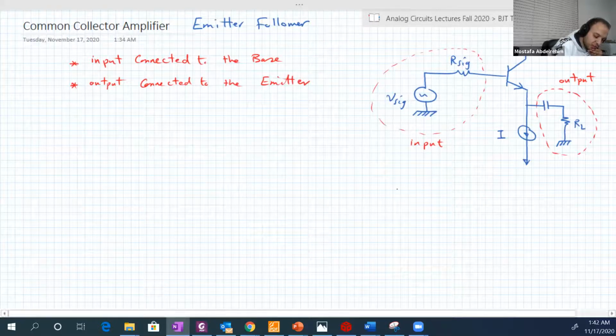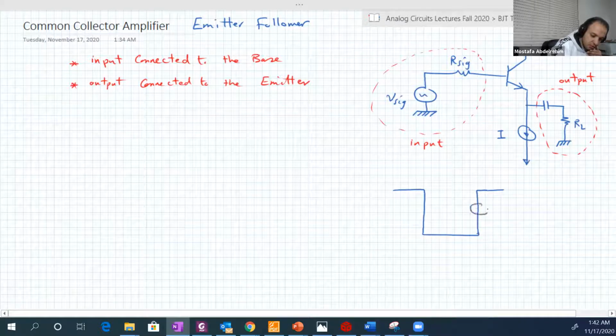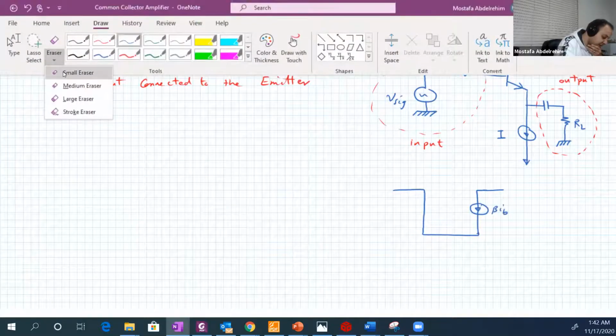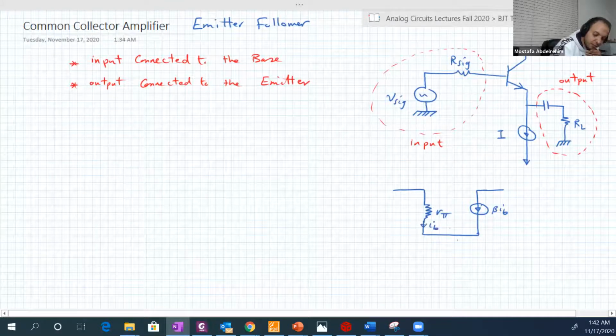Here is the AC equivalent circuit of the transistor itself, beta IB, here is R pi or RB, here is IB.